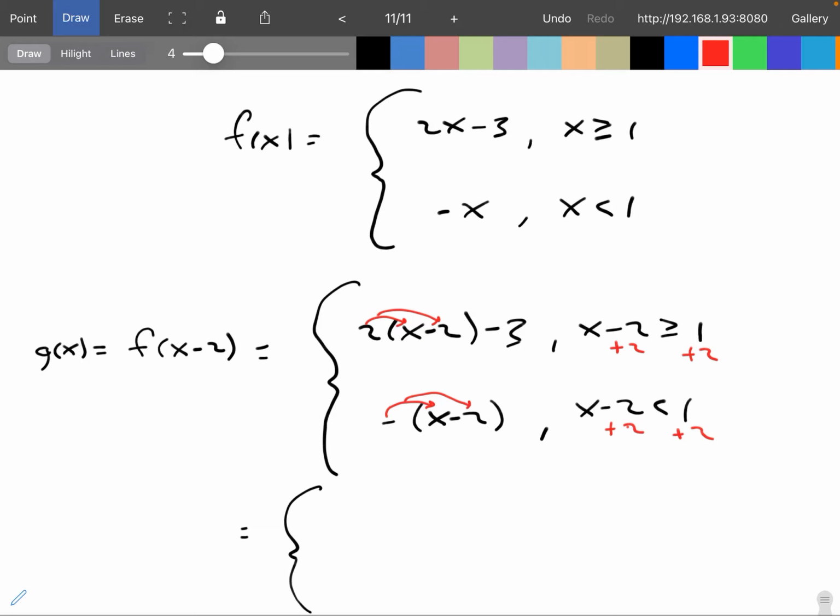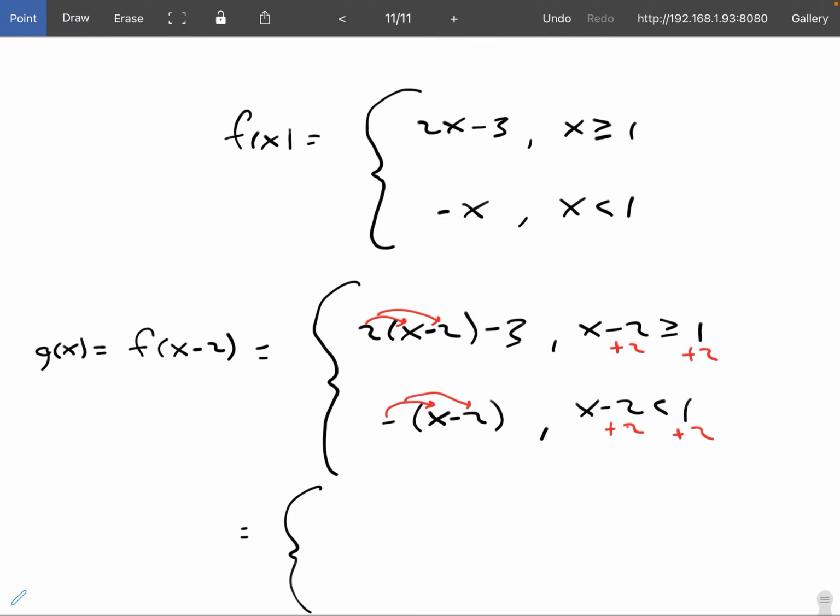So on the domain of the top piece, we're going to add 2 on both sides. And same thing on the domain of the bottom piece, we're going to add 2 on both sides. So that's all the work. It seemed like that was pretty quick. And then we just simplify that and we got it.